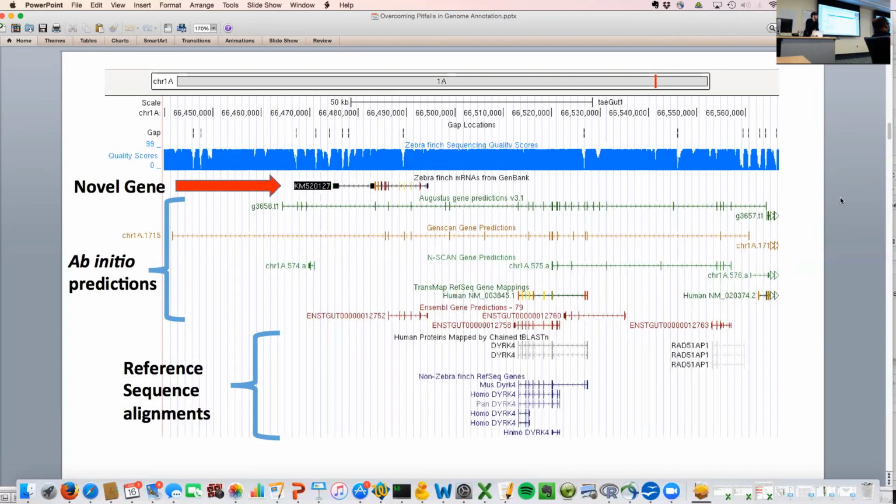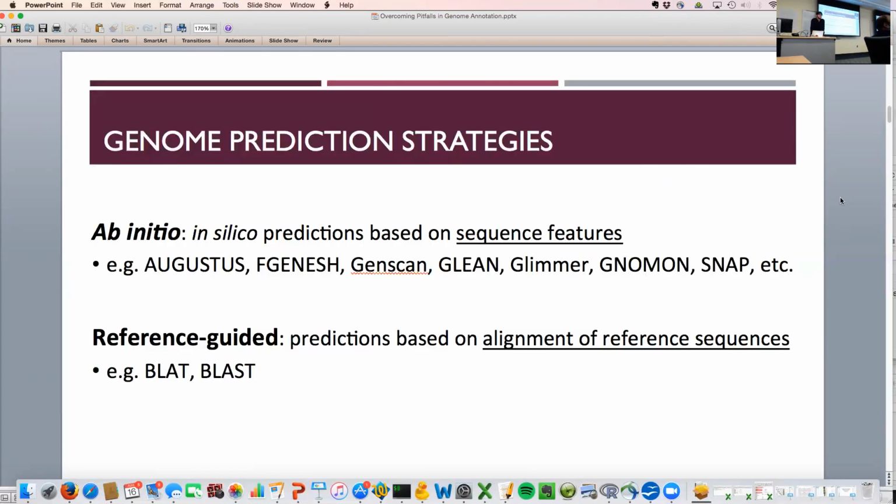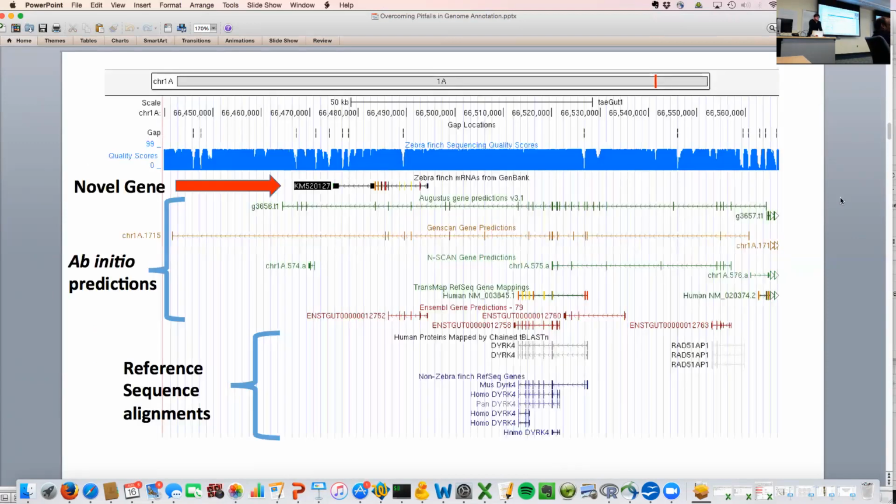So there's the capital T truth of what this gene looks like, and these are all gene model predictions trying to figure out what that gene actually looks like. What's the real intron exon structure? But the simplest feature you could think of is probably an open reading frame. It looks for chunks of DNA sequence that can plausibly be translated into a protein without having a stop codon or something like that.